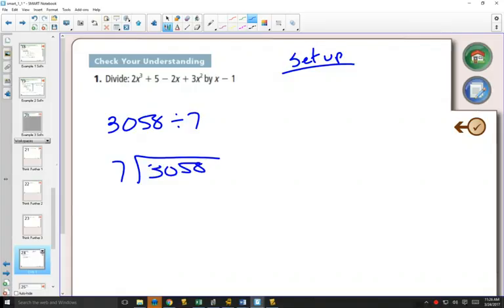Someone would look at you funny if you decided to say, oh, I'll just write my 5 first, then my 8. That's the same thing, right? Well, no, in numbers, those are different.